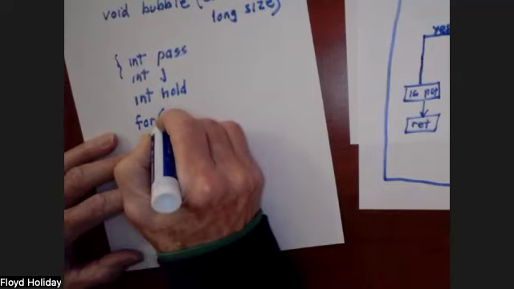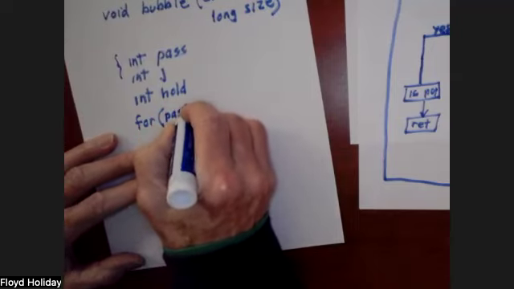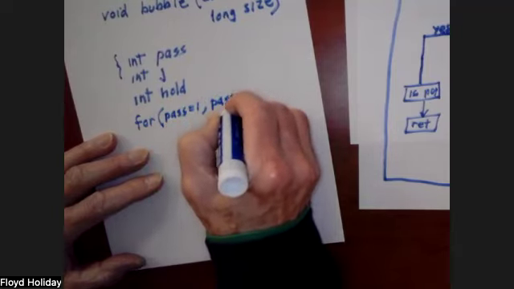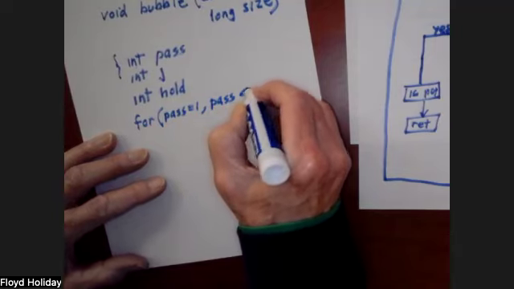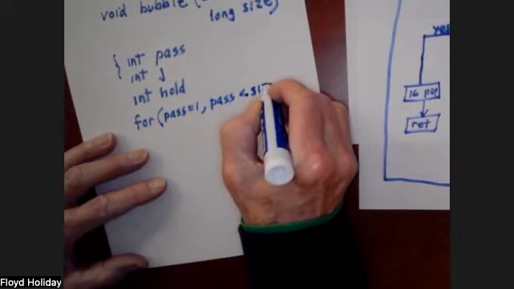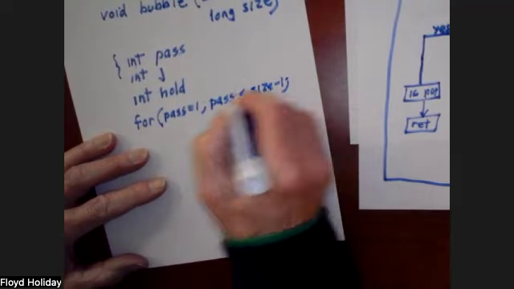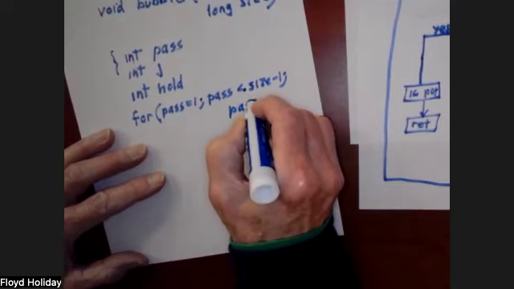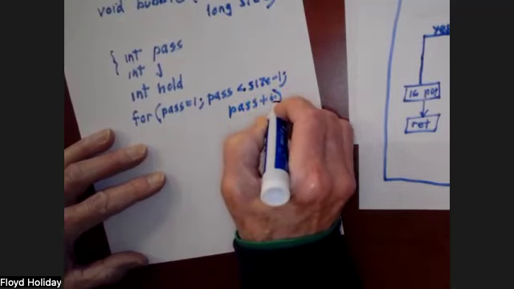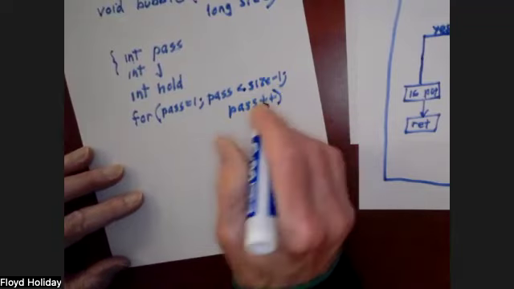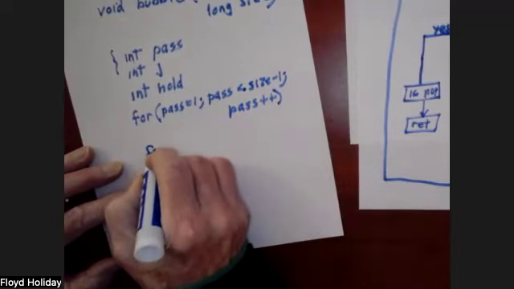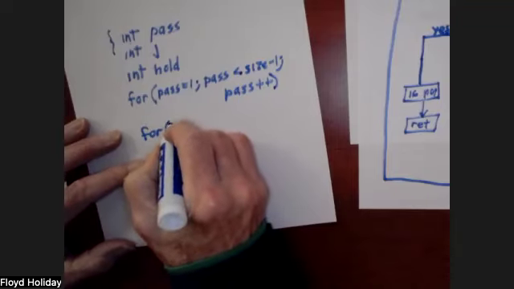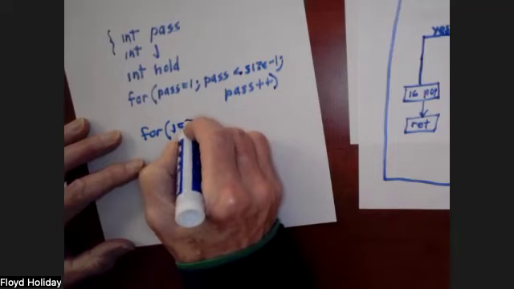For pass equals 1, pass less than size minus 1, pass plus plus. Okay. And then there was a for loop inside of that one, which is okay. We don't care about it. Just copy something that works.